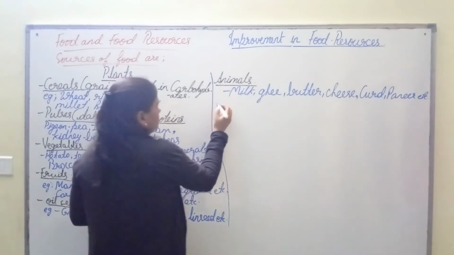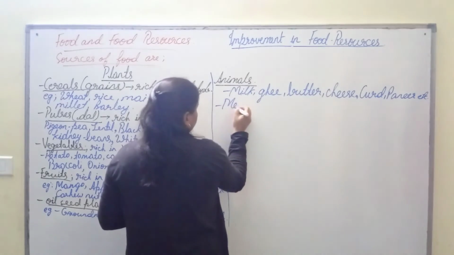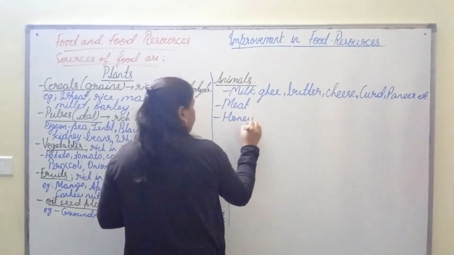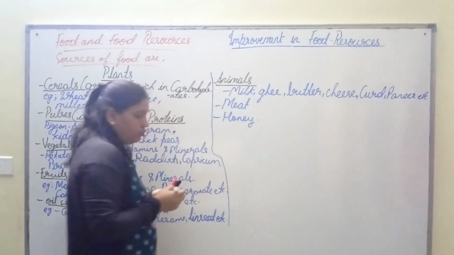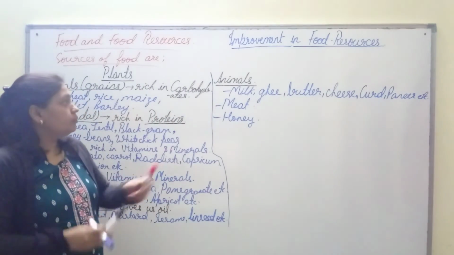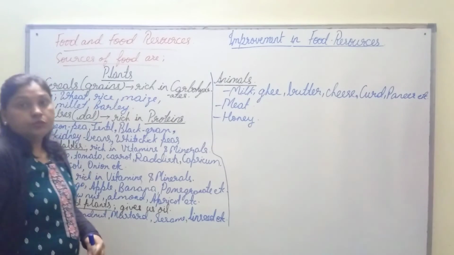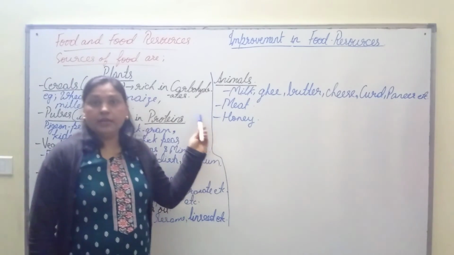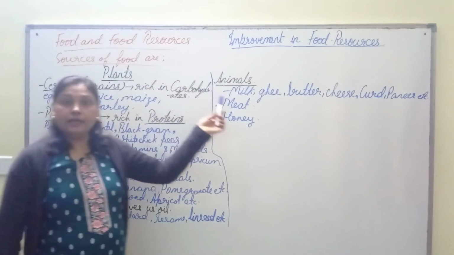And the other is meat and honey, which are different sources of food that we get from these animals. So as we saw here, these are the different sources of food that we get from plants and animals.